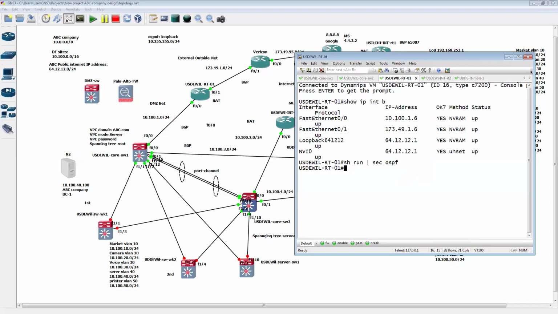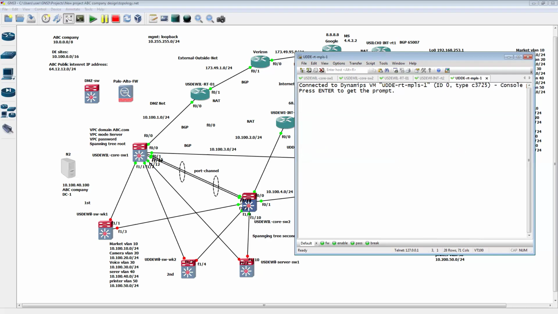Yeah, this one, router 2, show run section OSPF. Okay, show run section router OSPF. Oh yeah, we have this one. Okay, so we have this one.